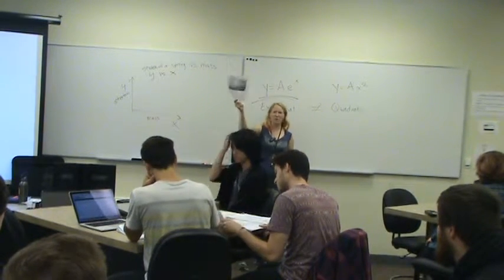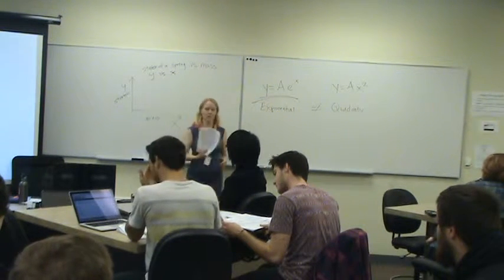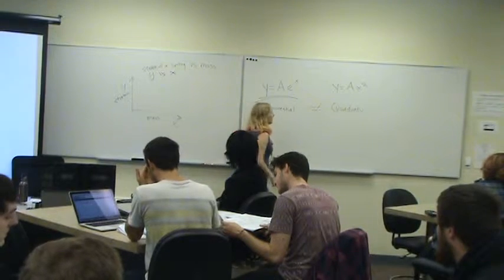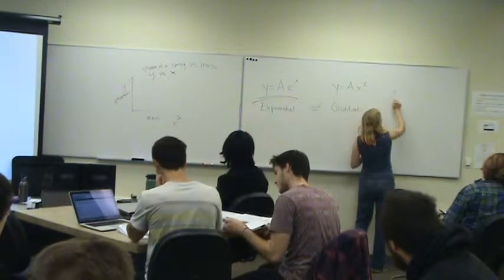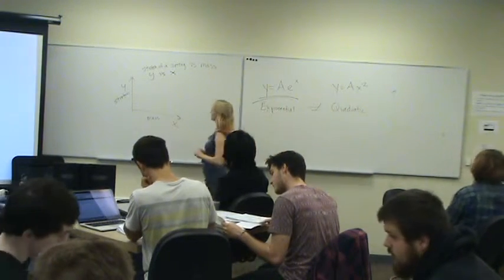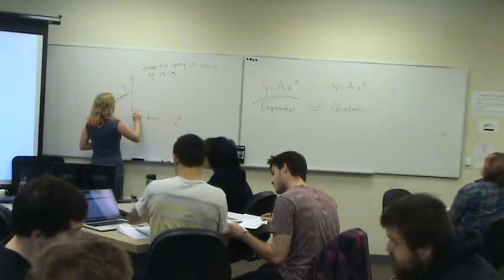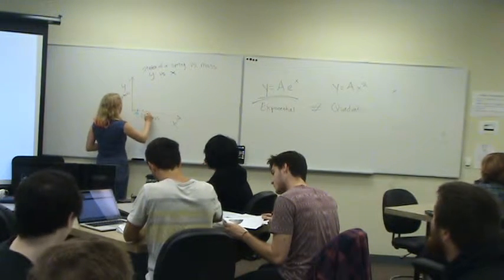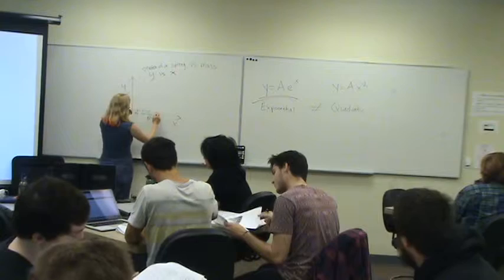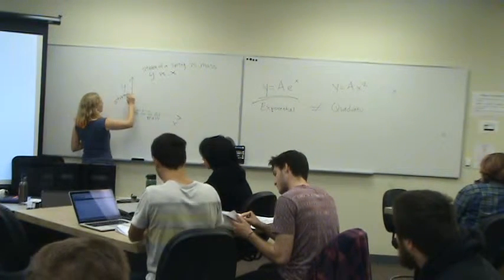A lot of people don't seem to know how to use this table, so I want to go through how to use this table again. All right, so if you collect data, you do stretch versus mass, and you add 50, 100, 150, 200 gram masses, and you get stretches in the range of 1 to 4 centimeters.